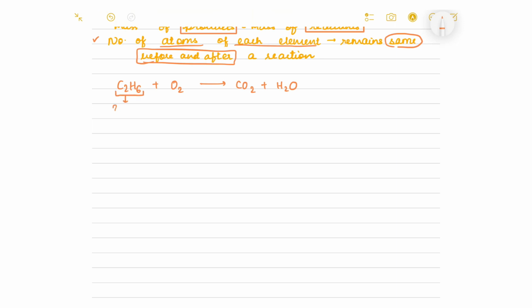Here C2H6 has 8 atoms, oxygen has 2 atoms, carbon dioxide has 3 atoms and water vapor also has 3 atoms. We shall start with C2H6 as it has got the highest number of atoms, 8 atoms.